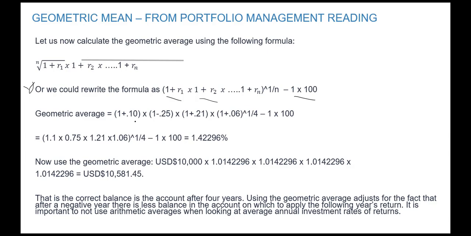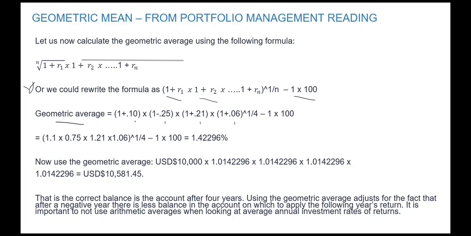So again, we had a 10% return in year 1, negative 25% return in year 2, 21% return in year 3, 6% in year 4. So to calculate the geometric average, it's 1.1 times 0.75 times 1.21 times 1.06 to the power of 1 divided by 4, minus 1, times 100.